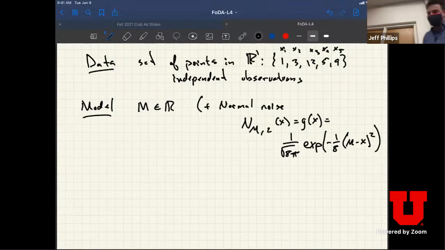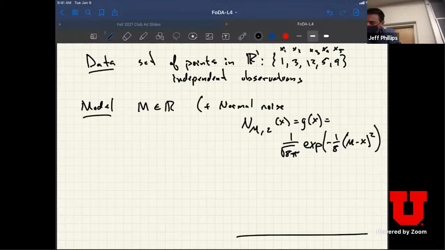So what is this going to look like? We're going to have data down here, and this will be x1. It's at a point 1, a point at 3, a point at 12, a point at 9, and a point at 5. So these are the data point observations we have. We're assuming there's some model, and I don't know where the best model is, and I want to optimize over all models.